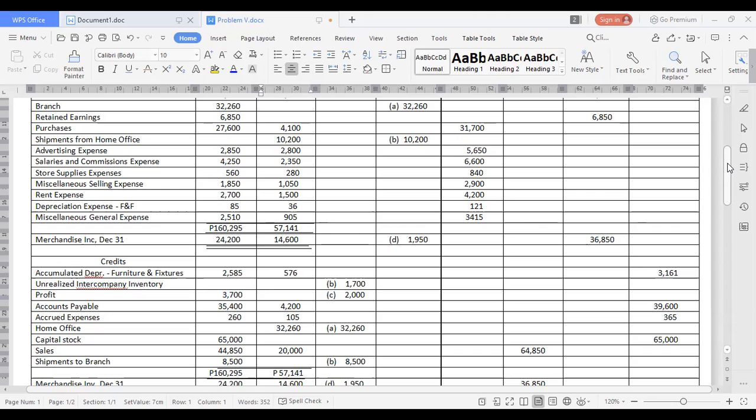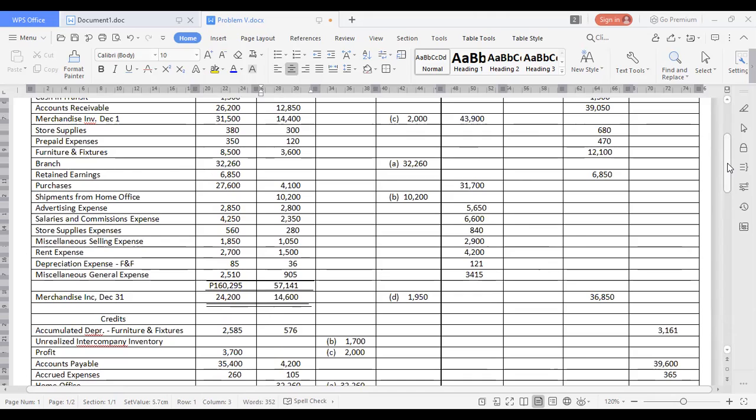Next, for letter C, we now record a debit to unrealized intercompany profit for 2,000 and credit 2,000 to merchandise inventory beginning.